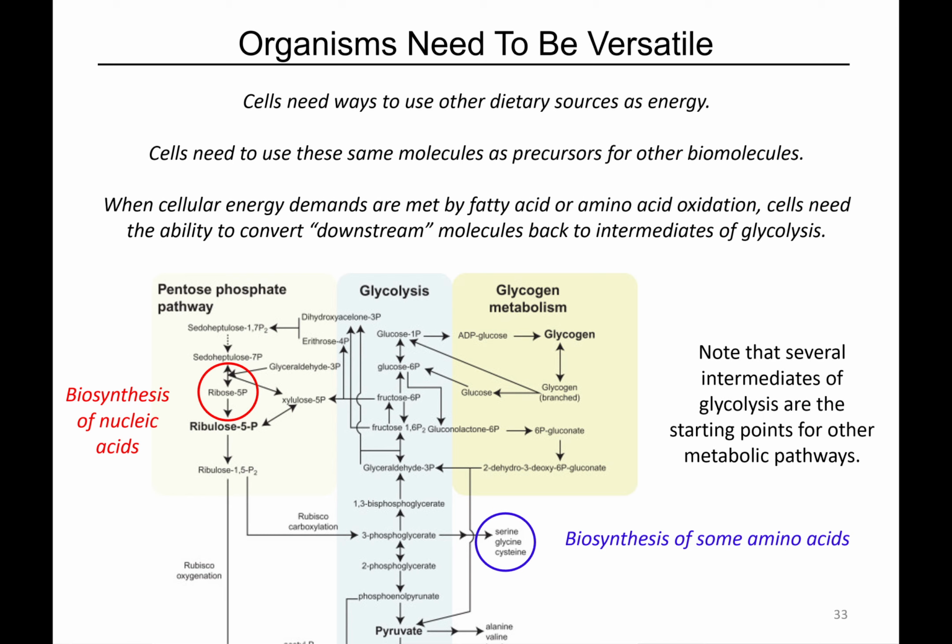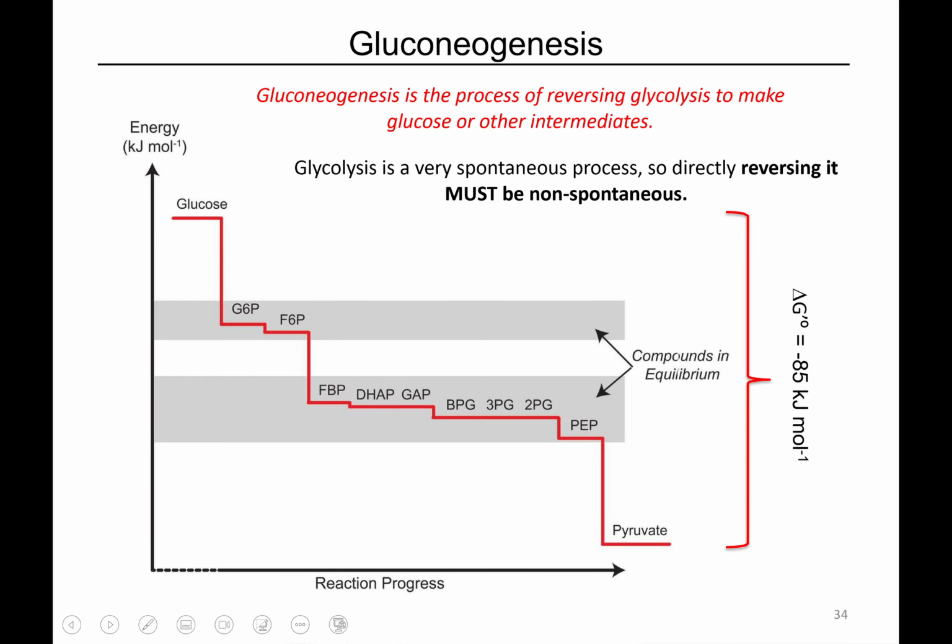Further down here, our 3-phosphoglycerate is linked to the biosynthesis or the degradation of several amino acids. So the idea here is that these pathways are linked, and flux through one pathway can dramatically impact flux through other pathways. They have to be linked, and they have to be controlled in a very thoughtful way.